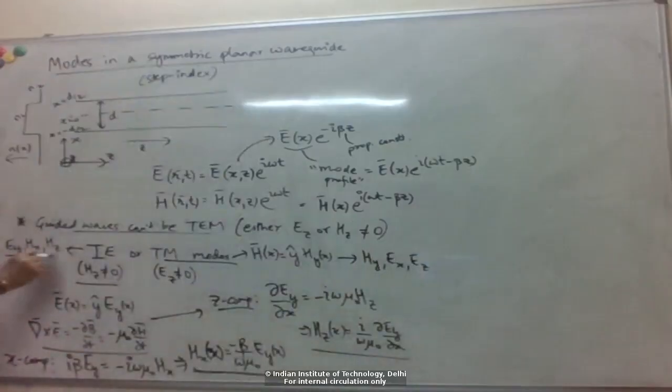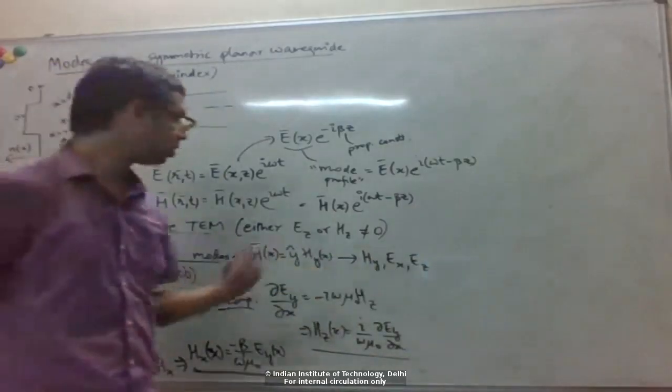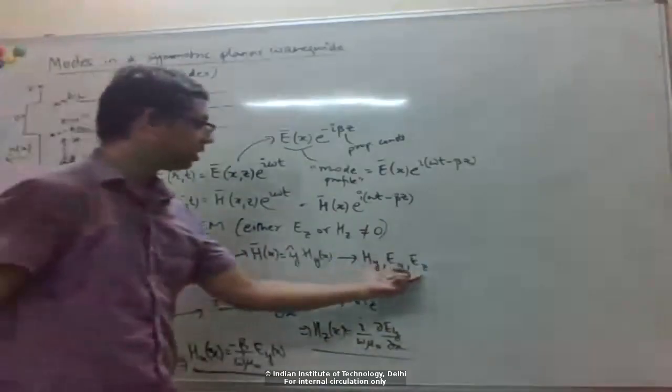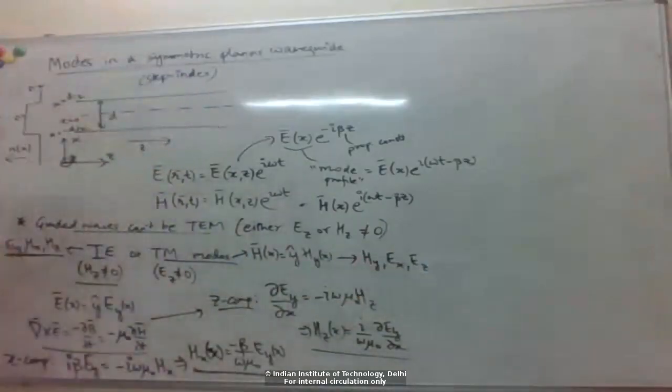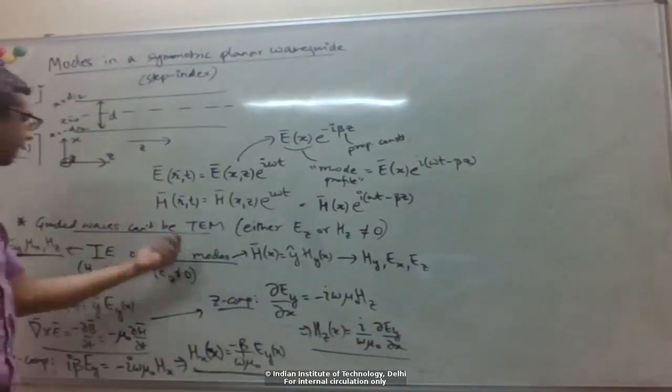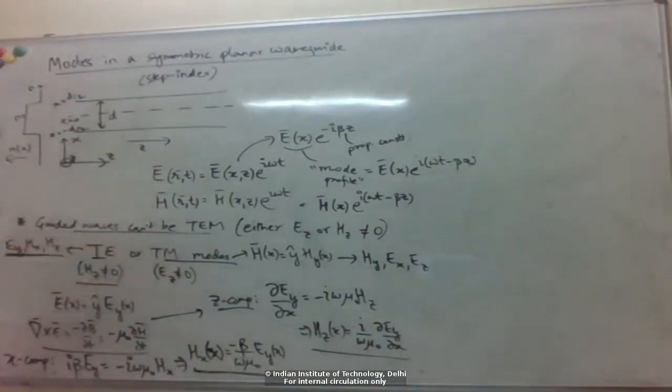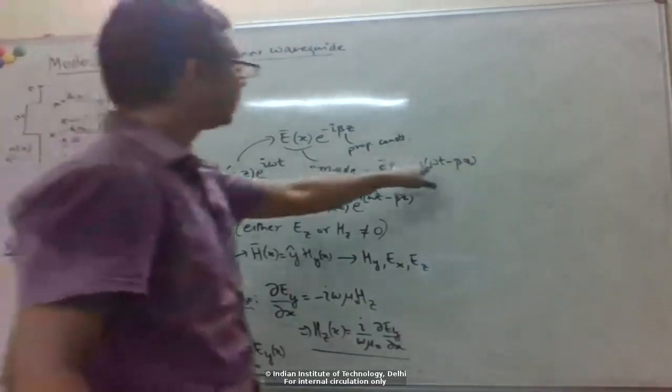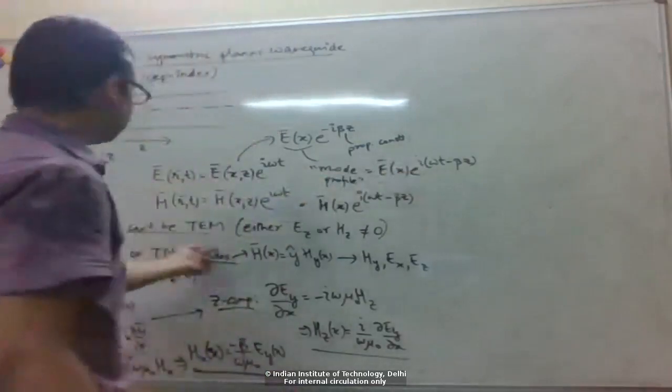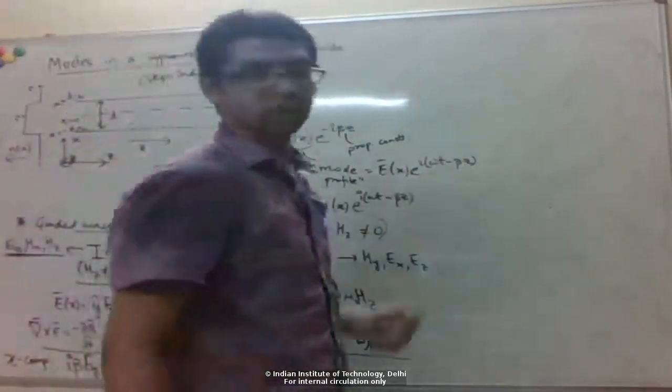So for TE modes, these three field components exist and these three are zero, and for TM modes, these three field components exist and these three are zero. Okay, and we'll see that TE and TM modes have slightly different properties. For example, at the same frequency, the TE and TM modes will have slightly different propagation constants.